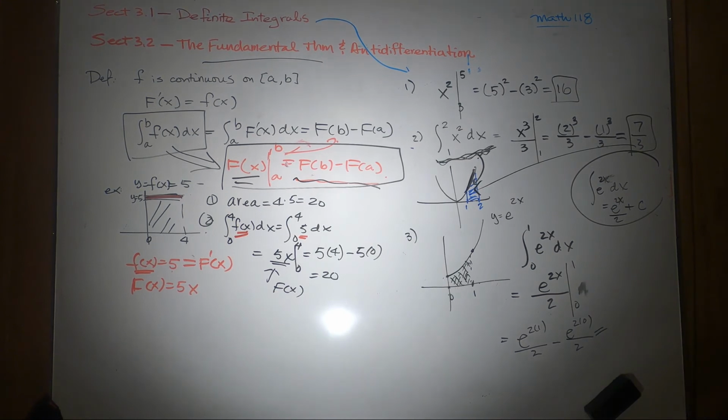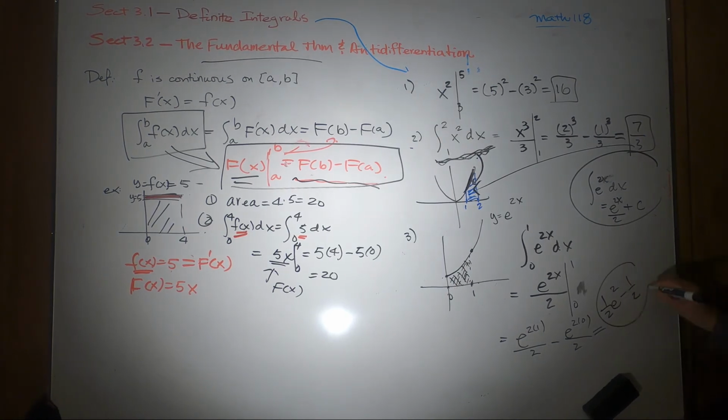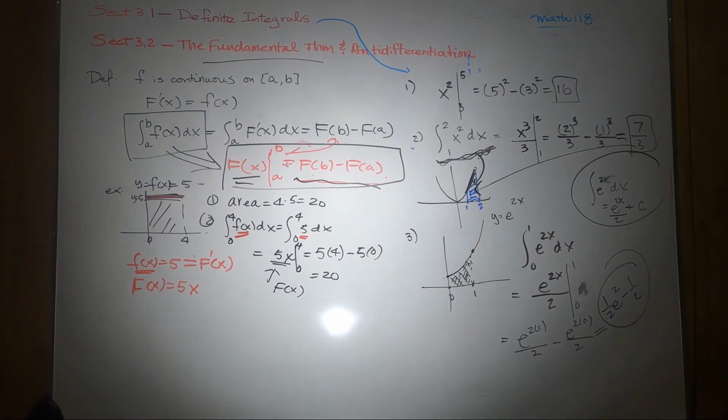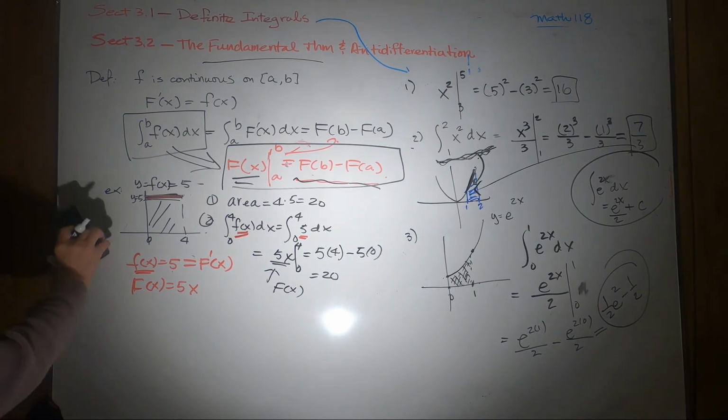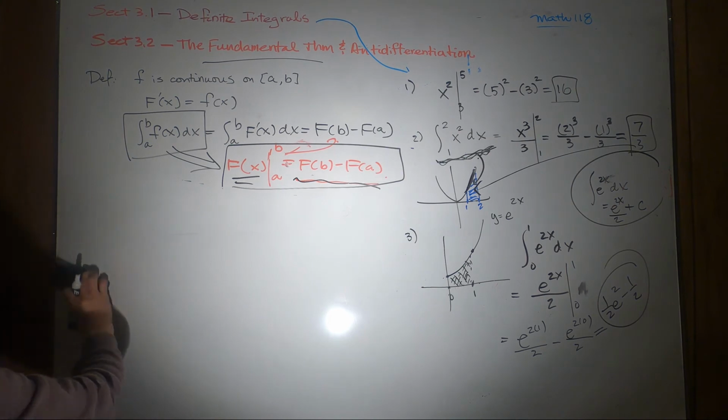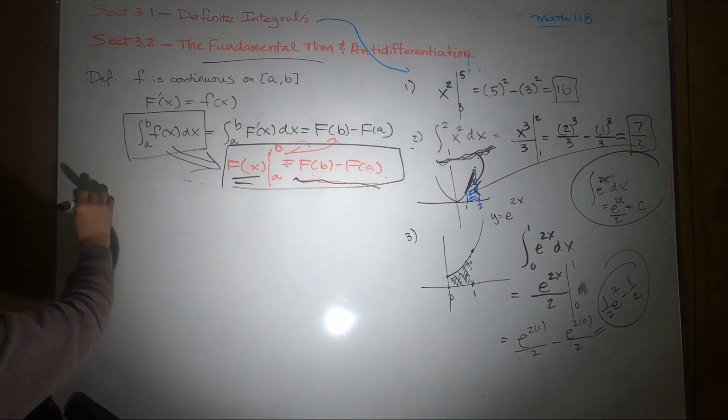So that would be half of e squared minus half. So that would be your answer for the definite integral. All right. Confusing enough?